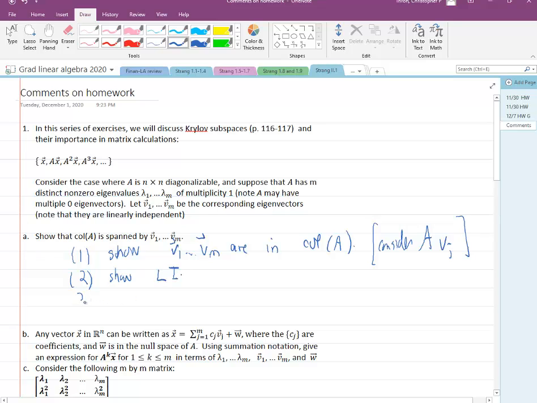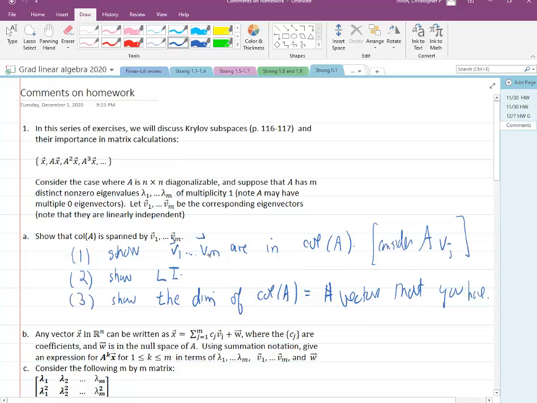And then you want to show that, how can I say this? The dimension of column A is equal to the number of vectors that you have. You have m vectors.